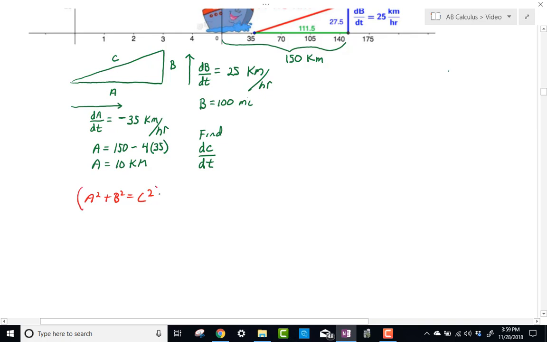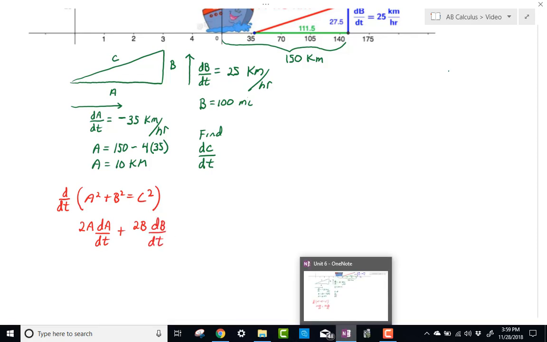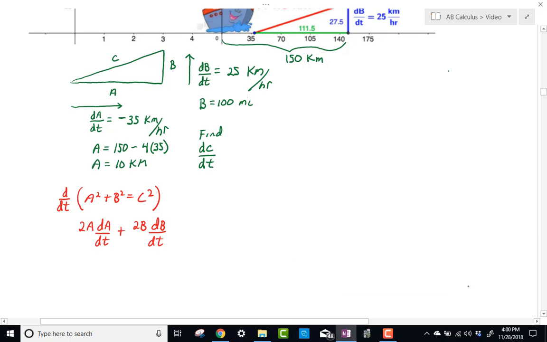So I'm going to take the derivative of each one. That gives me 2a dA/dt plus 2b dB/dt equals 2c dC/dt.